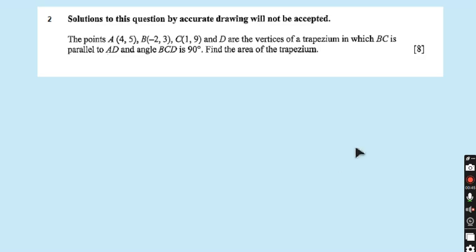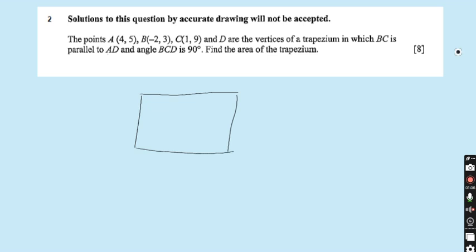So in order to find the area of trapezium, if we draw a rough trapezium, it will help you a lot. This is just a rough diagram, okay?